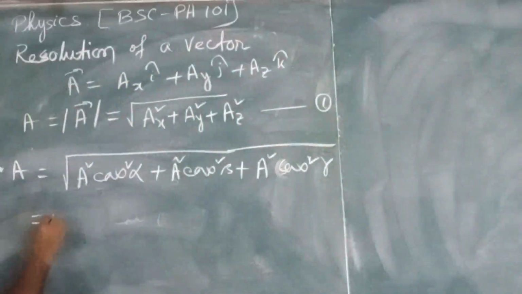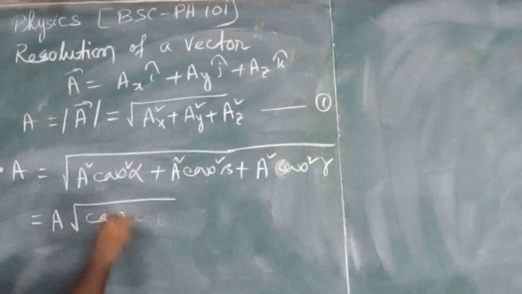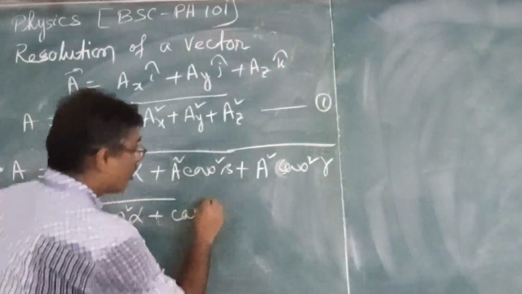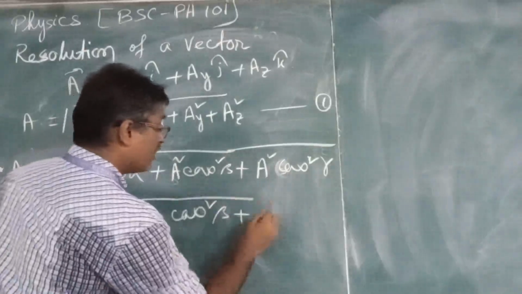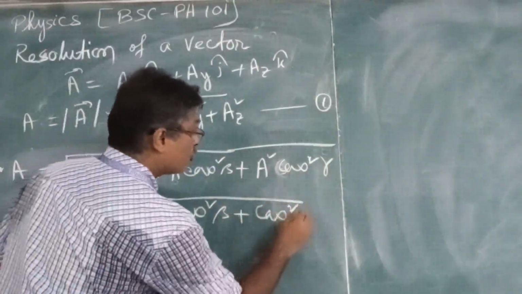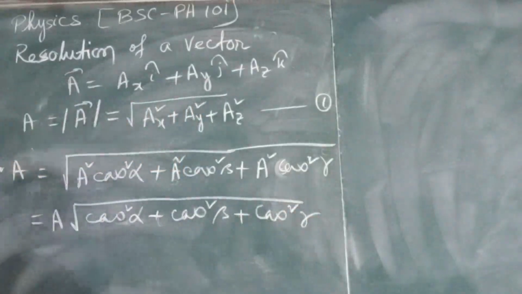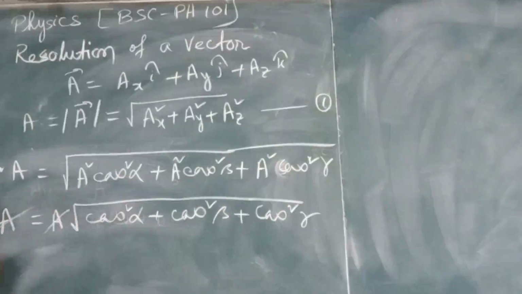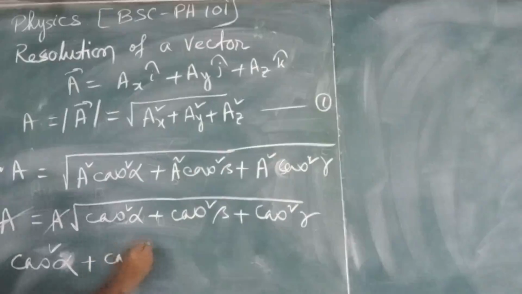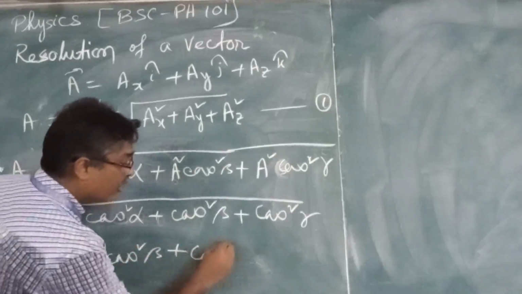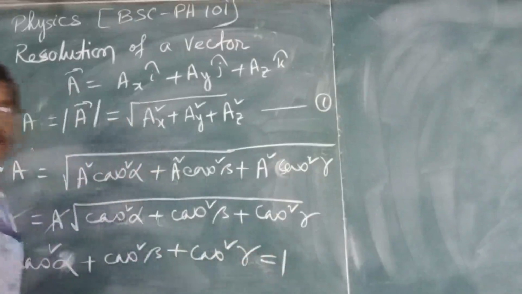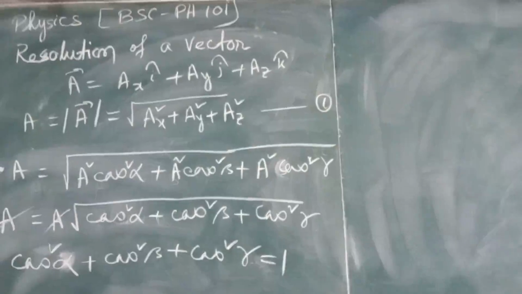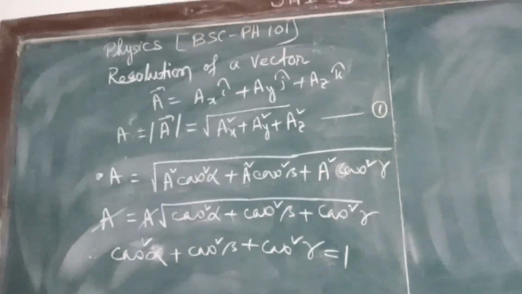So this equals A root over cos square alpha plus cos square beta plus cos square gamma. So A cancels, therefore cos square alpha plus cos square beta plus cos square gamma equals 1.